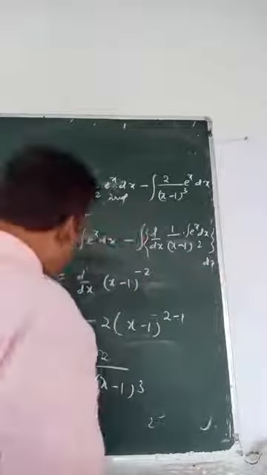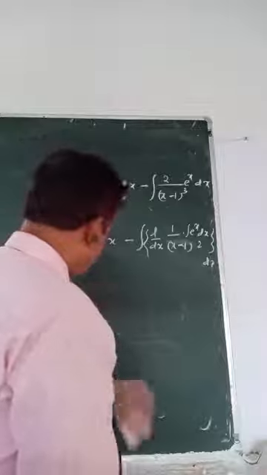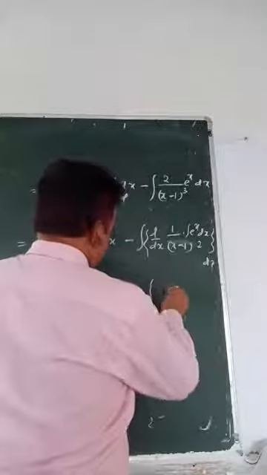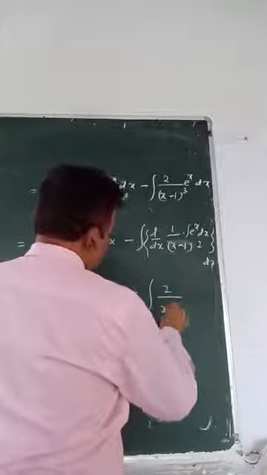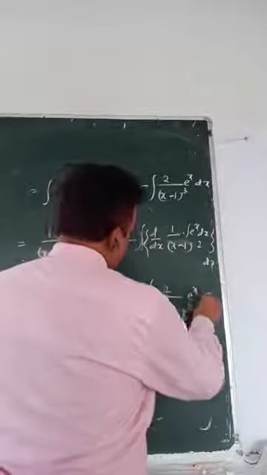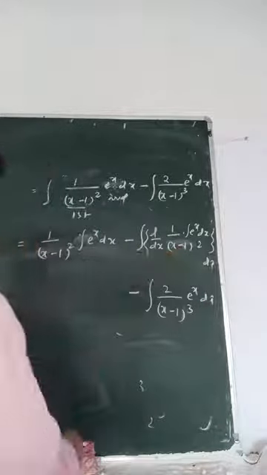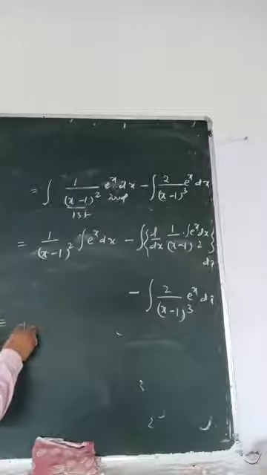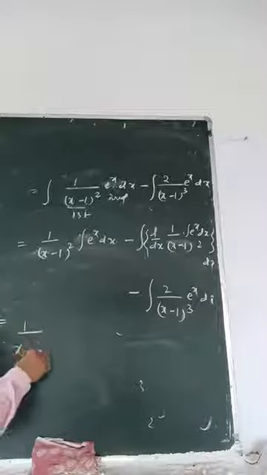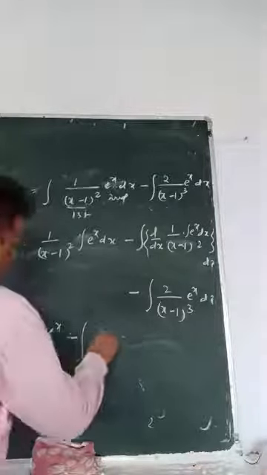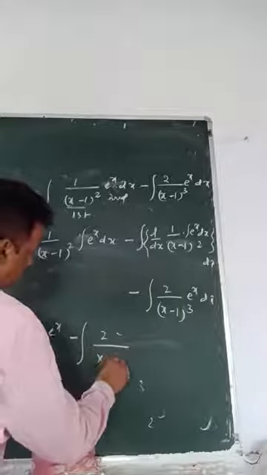Let's write this part, last part here. This is the last part which will not be integrated: 2 by x minus 1 cube e to the power x dx. So already I have done derivative of this, so I will write 1 by x minus 1 whole square e to the power x minus 2 by x minus 1 whole cube.